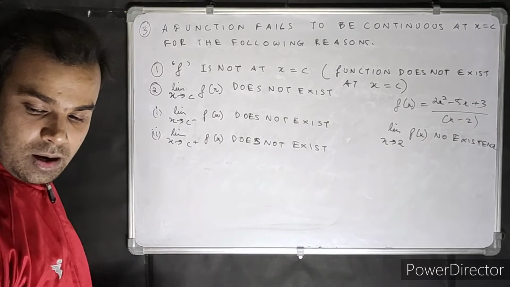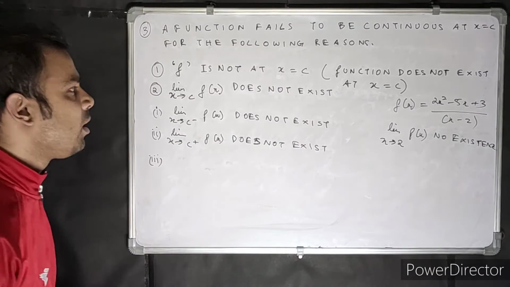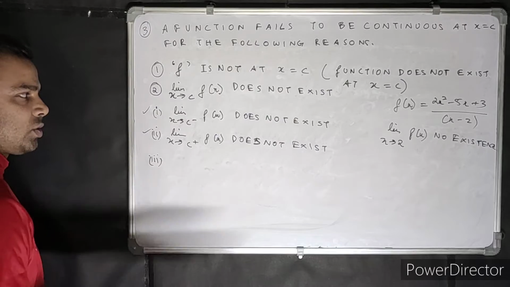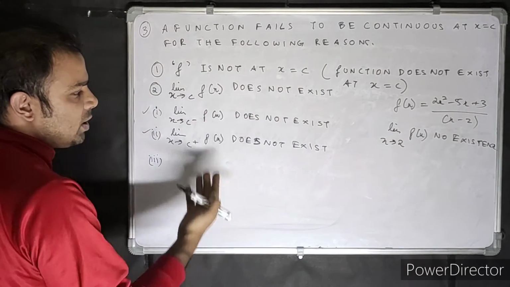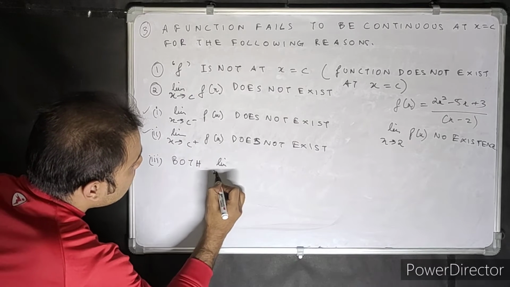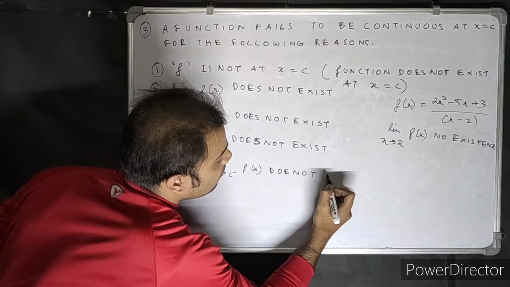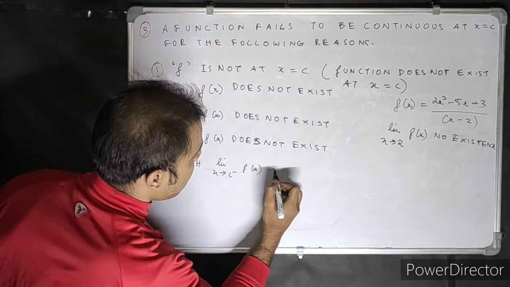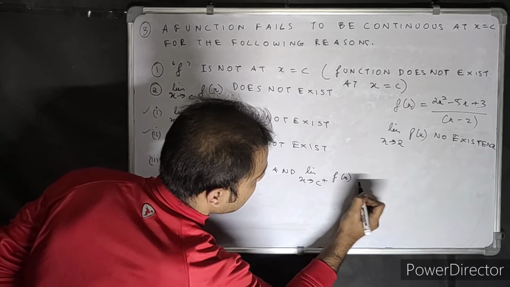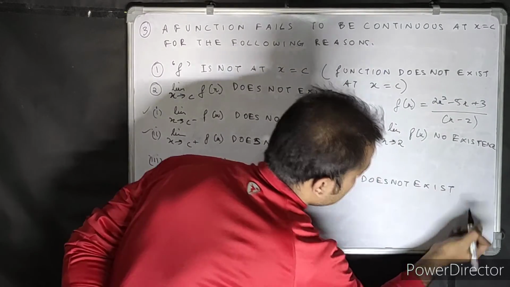But not equal. There is a little bit of the third part also. Third part is very simple. Both of these two parts will not exist, because this part will not exist, this part will also not exist. So now you write both: limit of x tends to c negative f of x does not exist, and limit of x tends to c positive f of x does not exist.